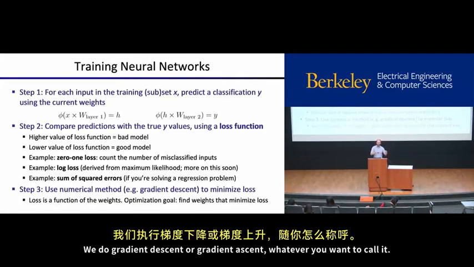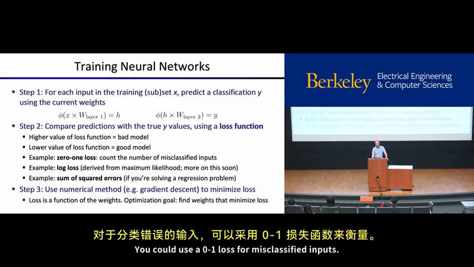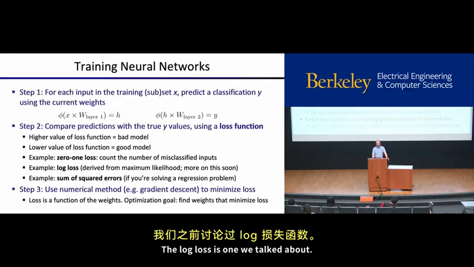We do gradient descent or gradient ascent, whatever you want to call it. So a higher value of the loss function is bad, a lower value is good. You could use a 0-1 loss for misclassified inputs if you liked. The log loss is one we talked about.